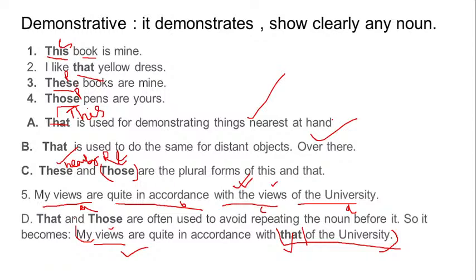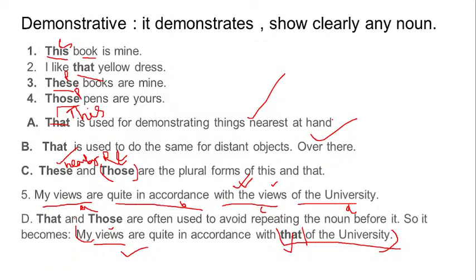And those, this pronoun those is the plural of that, and these is the plural of this. Again, that and those are used for avoiding a repetition of the noun before it. My views are quite in accordance with the views of the university.